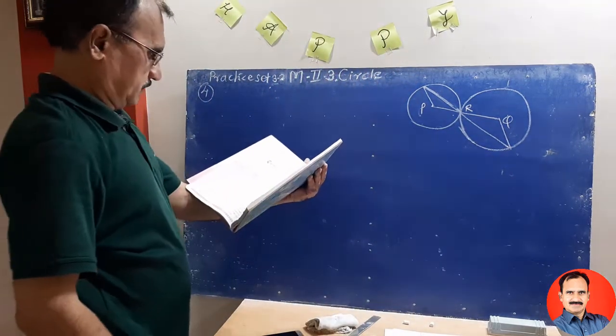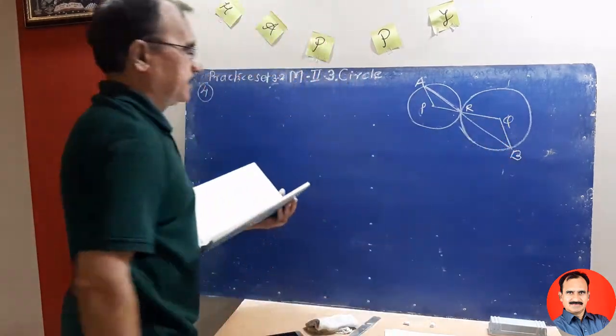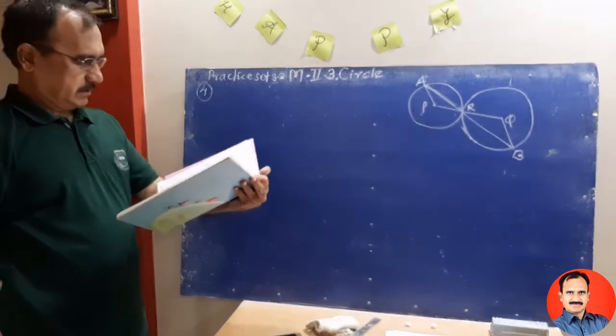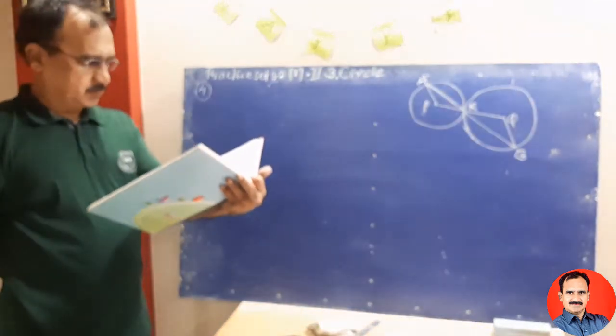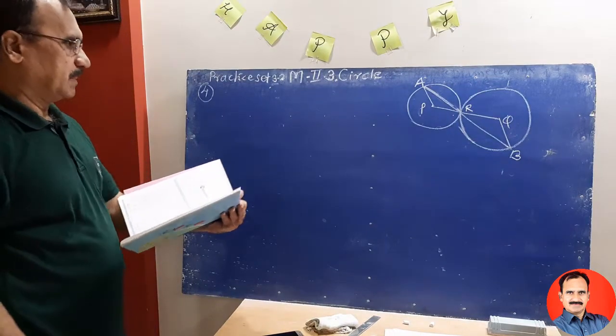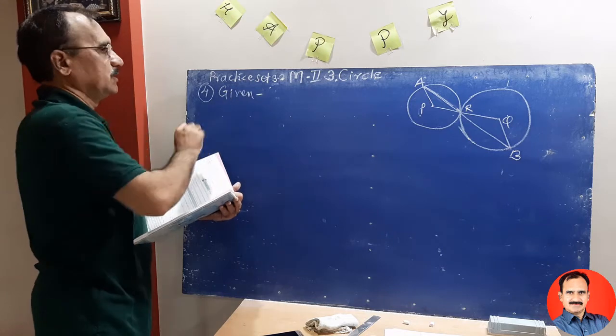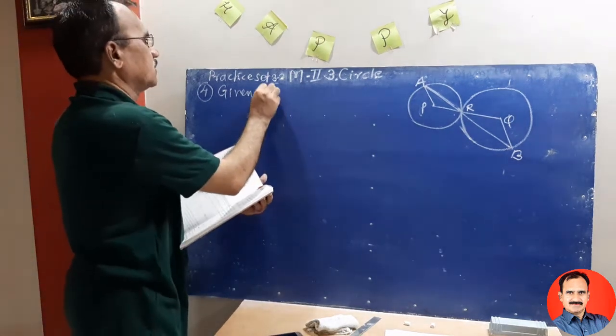Draw this figure. Here is point A and here is point B. See example in your textbook. I am writing here given and to prove. Given: P and Q are centers of the circles.